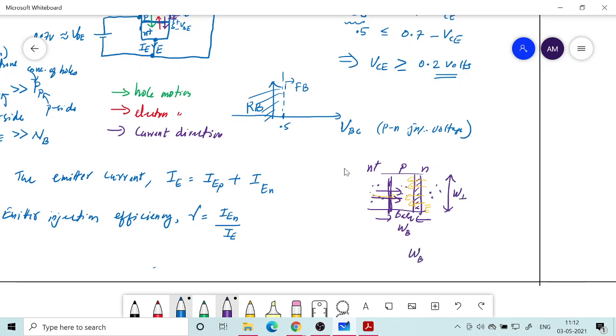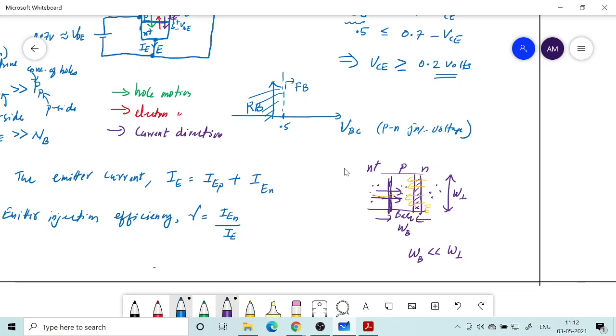So WB should be at least 10 times smaller, or even more, than W perpendicular.